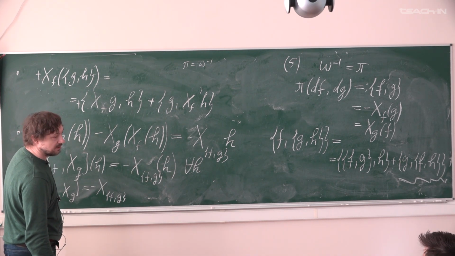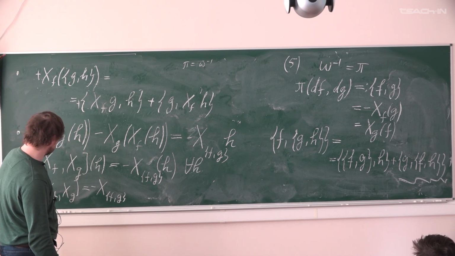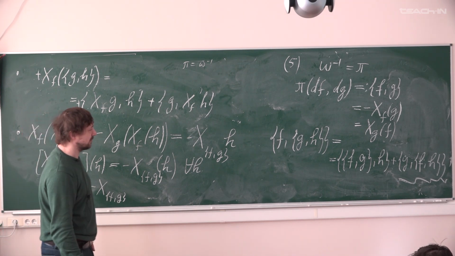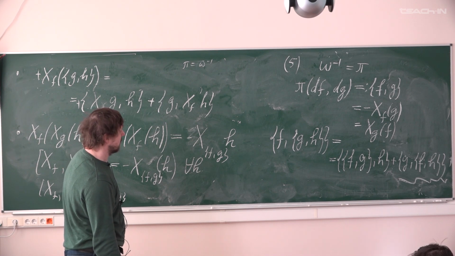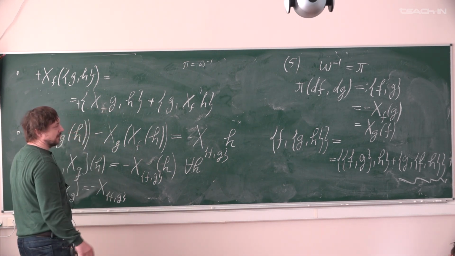It's simply a way to write the Jacobi identity, right? Precisely. I just don't like the sign. Let me see if the sign is correct. The sign is a little bit off. It should be plus here, but I don't know how to get rid of it.